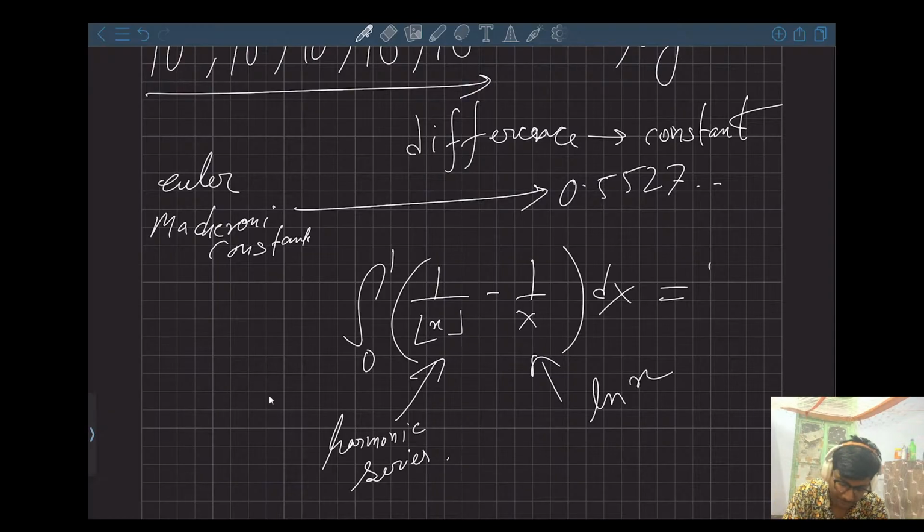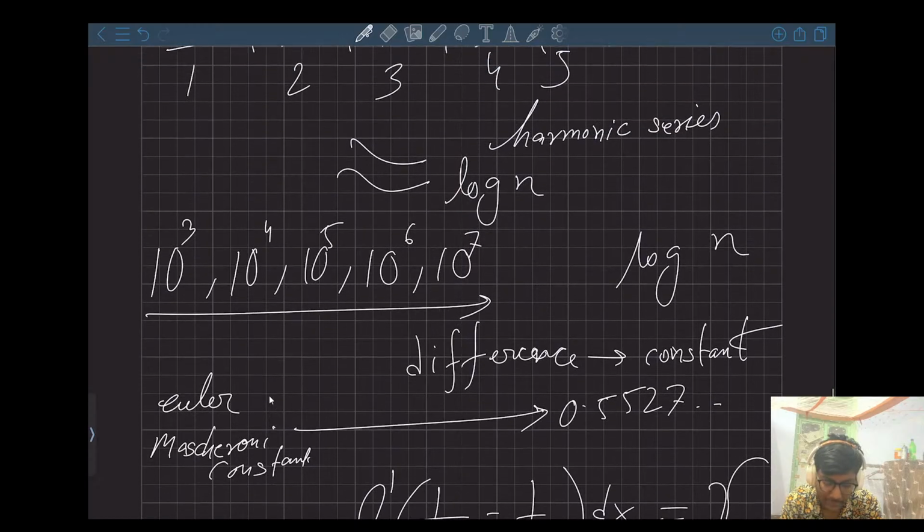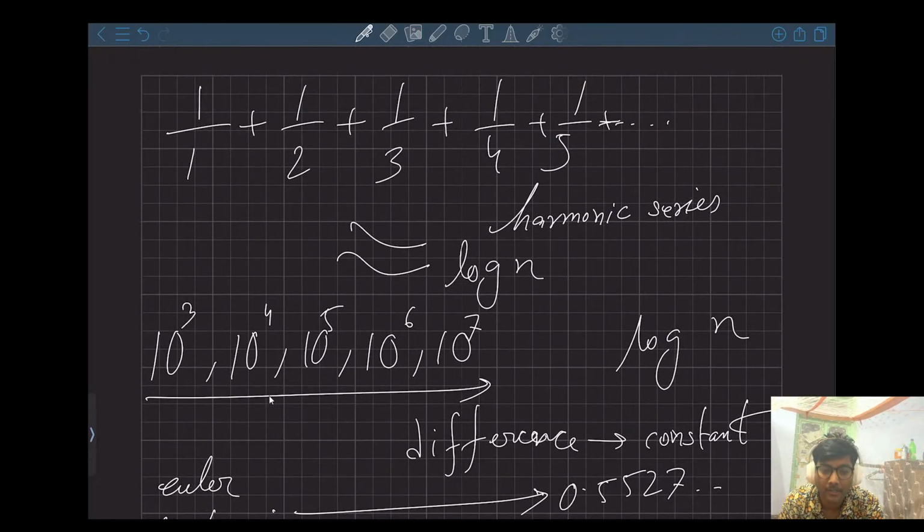Yeah, gamma. That is here. So this is kind of the approximation of the harmonic series. So you can literally write harmonic series equal to log n because the difference approaches a constant. Of course, since this is log n, if n tends to infinity, it tends to infinity. So this also proves that the harmonic series is divergent in nature.